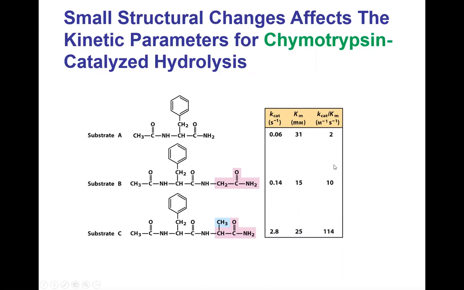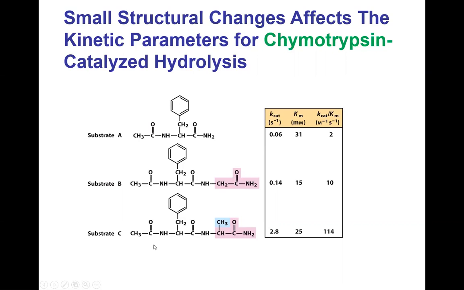And so kcat by Km went up by fivefold. The specificity constant went up by fivefold. Small changes. So somehow inclusion of that group in pink improved both the binding affinity, Km, as well as the catalysis, the chemistry part, the kcat value.